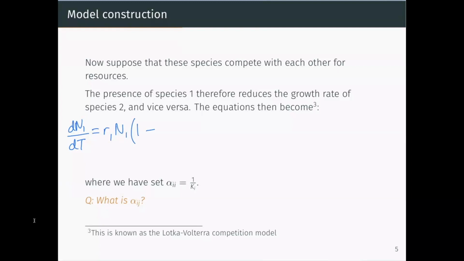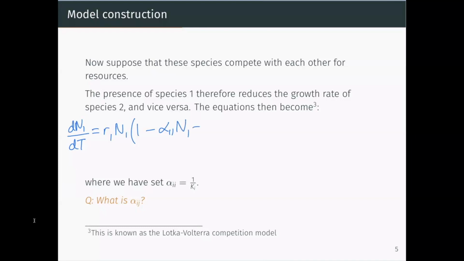So I'm going to rewrite the Ks that I had in the previous slide, where they were the carrying capacities. Now, rather than having N1 over K1, I'm going to think about an alpha 1,1, which is just saying the impact of species 1 on other members of species 1, times the number of individuals in that species, N1.